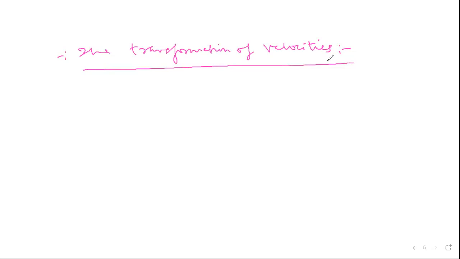Now, what we are going to do under this heading, we are going to use Lorentz transformation to relate the velocity v. What is v?